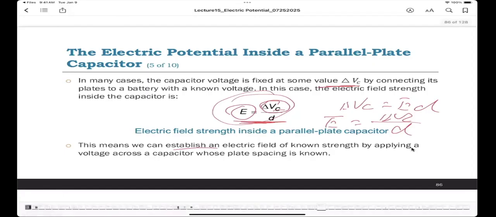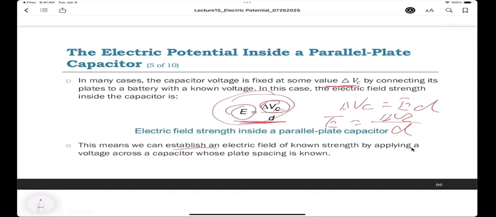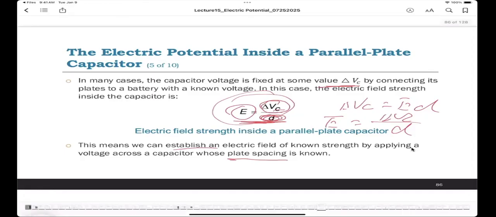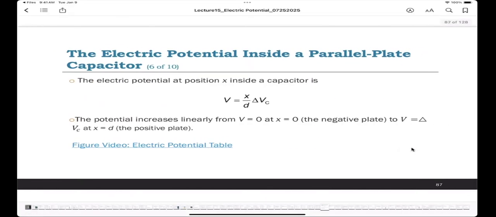Okay. And also you need to note the plate spacing. This is the plate spacing. And the electrical potential at a position X inside a capacitor is this one.